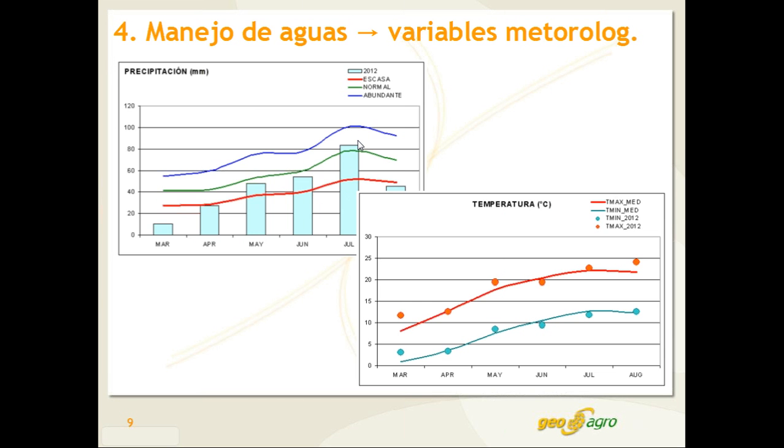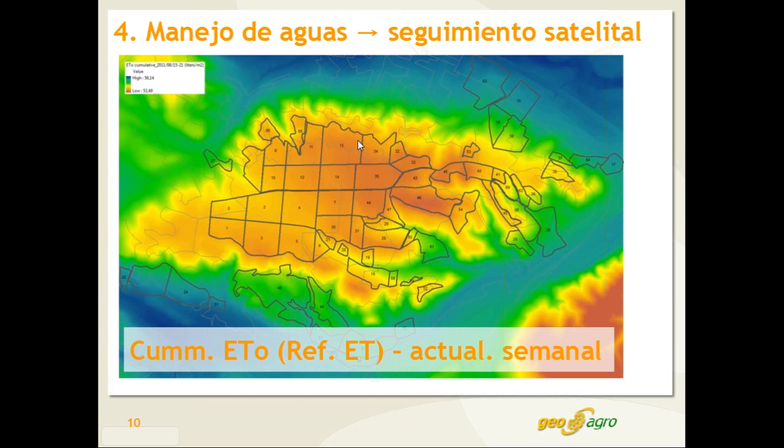And then also there's the possibility of monitoring with satellites, very frequent, and these are freely available, so this doesn't raise the cost. For instance, to keep track of evapotranspiration, the reference evapotranspiration, and the real evapotranspiration, which comes from the actual conditions of the soil and crops that you have in the area.